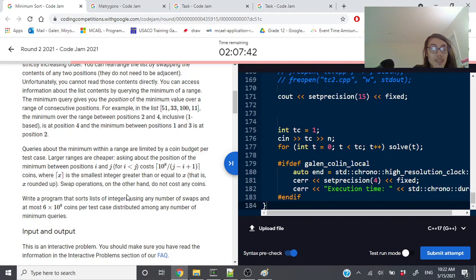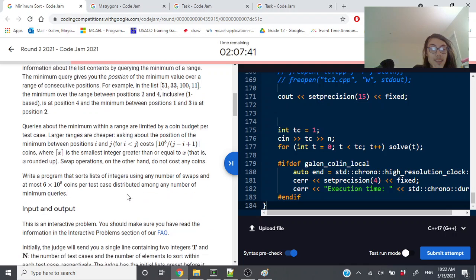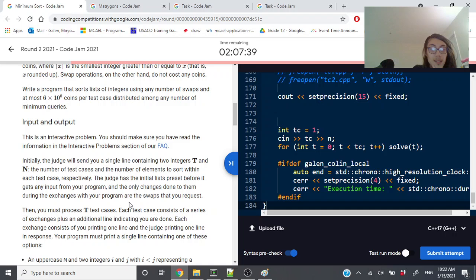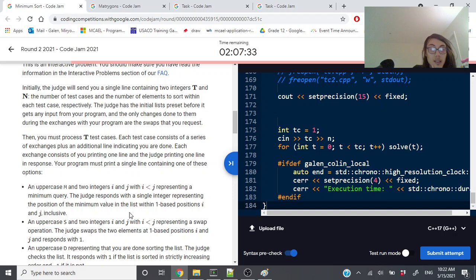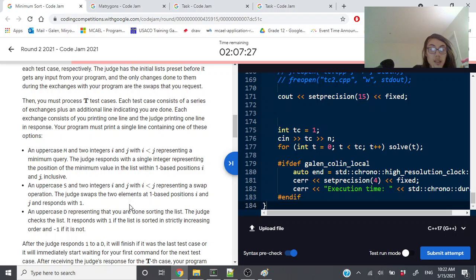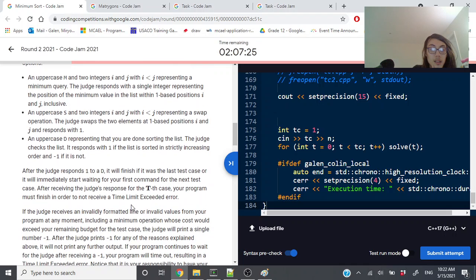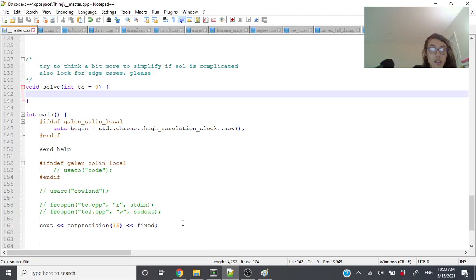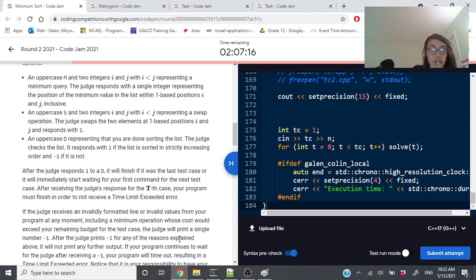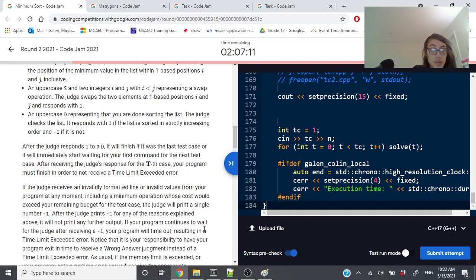What is happening? What else am I messing up? After receiving the judge's response for the test case, your program must finish in order to not receive a time limit exceeded error.